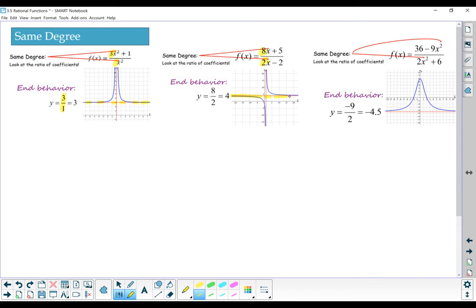So that's an asymptote at 4 if we reduce that 8 over 2. And watch for negatives. This one has a coefficient of -9. Our x is a power 2. On the bottom, we also have power 2 with a coefficient of 2. -9/2 is -4.5. That was just a couple examples of different horizontal asymptotes.